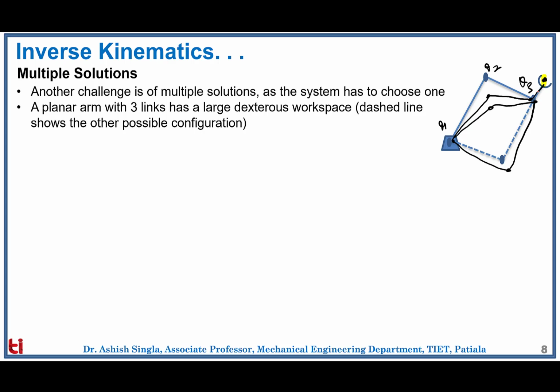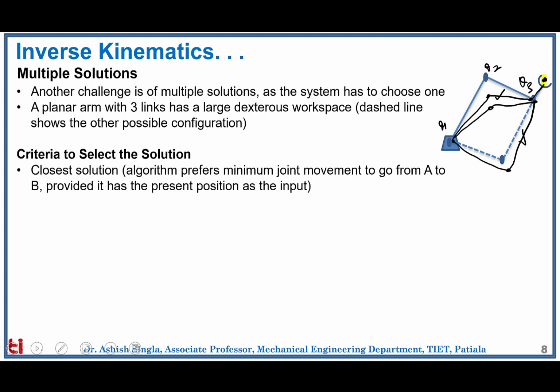So which solution should the algorithm prefer? Either this one or this one, that is the concern. In order to deal with this, we can set some criteria to select the solution. The first one is the closest solution, which means that the algorithm prefers minimum joint movement to go from A to B, provided the present position of the manipulator is known a priori.